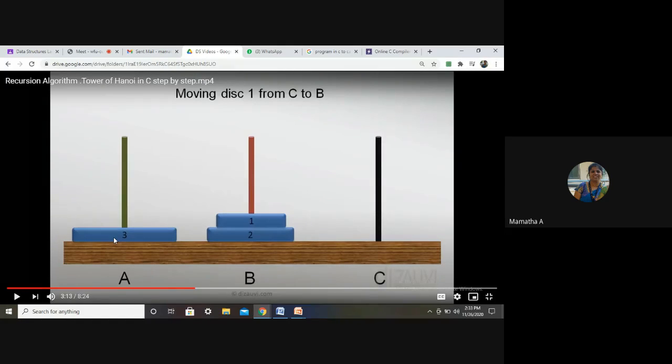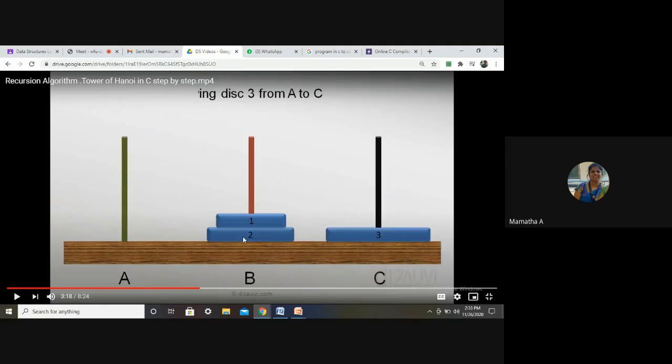Then the next move is what? 3 from A to C. There's only 1 disk now. See, when I have moved n minus 1 disks, only the nth disk is available. So move 3 from where to where, students? A to C, directly. Then the next movement is what?